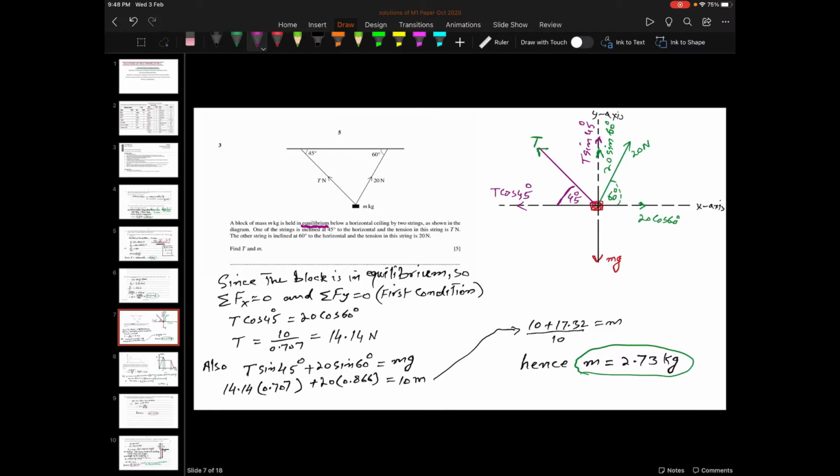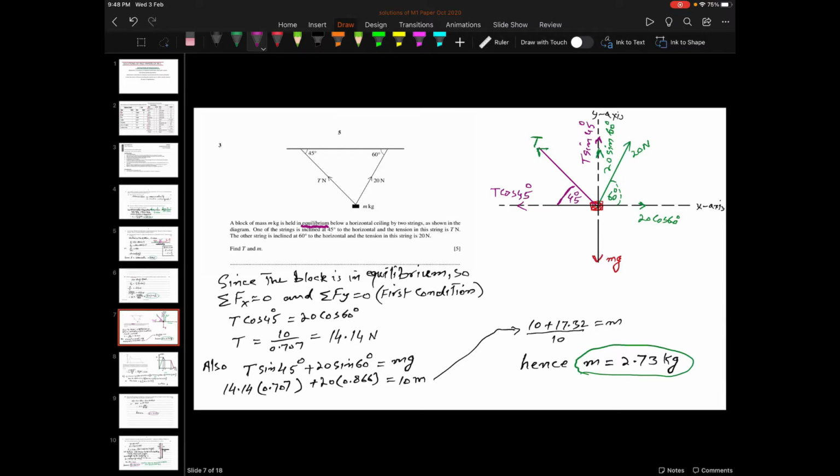Since the block is in equilibrium, the sum of all the forces acting along the x-axis and along the y-axis must be equal to 0, which is the first condition of equilibrium. Two forces are acting along the x-axis, T cos 45 degrees and 20 cos 60 degrees.